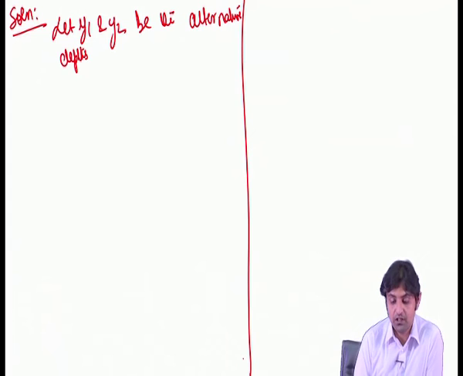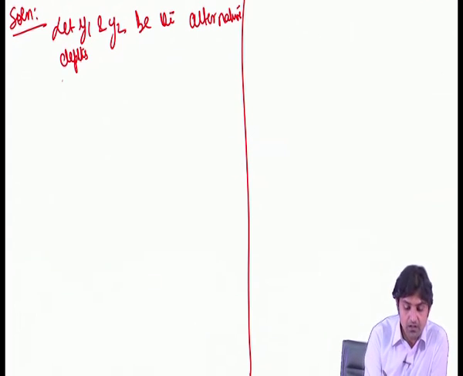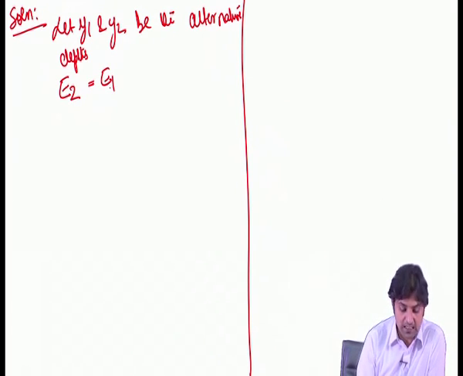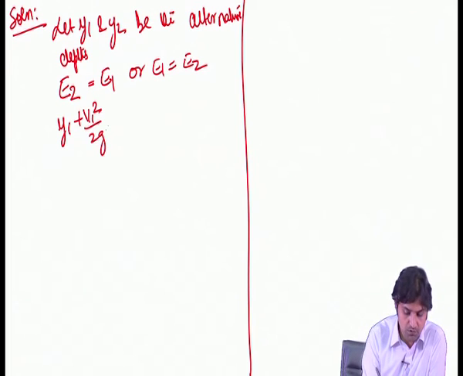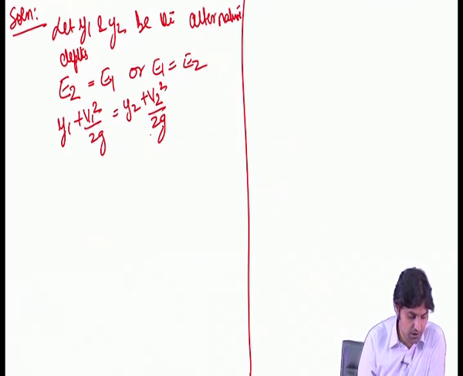You remember the alternate depths concept was given in specific energy, and the specific energy in those cases should be equal at section 2 and section 1. So let us write E1 is equal to E2. So, y1 plus v1 square by 2g is equal to y2 plus v2 square by 2g.